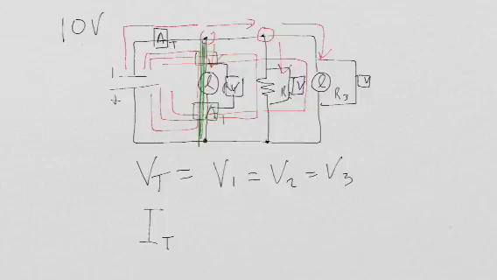If I then add an ammeter on my second branch, whether I add it here or here, this is going to become current intensity reading number 2.